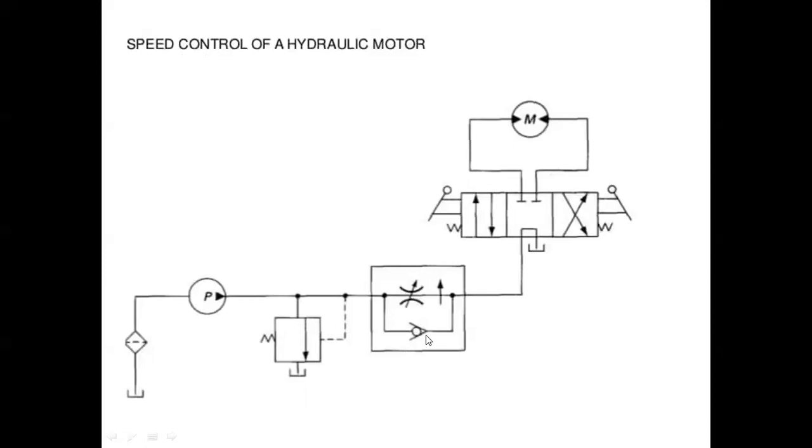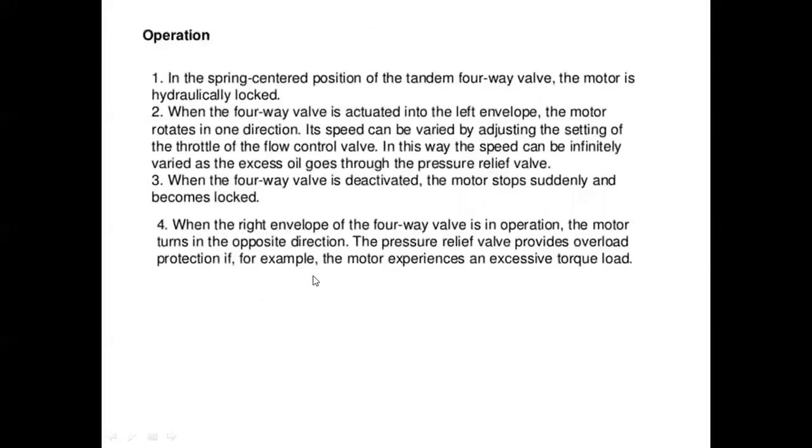In this way, we control the speed of the hydraulic motor. Here, this is the flow control valve and this is the check valve; the supply of oil is controlled by this flow control valve. So in the spring centered position of the tandem four-way valve, the motor is hydraulically locked.